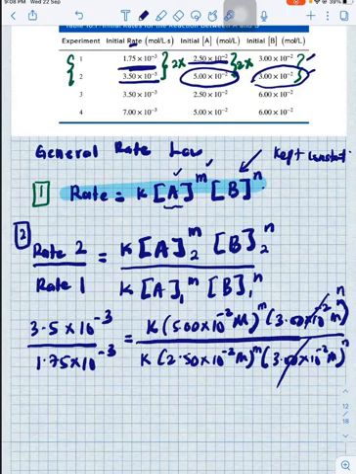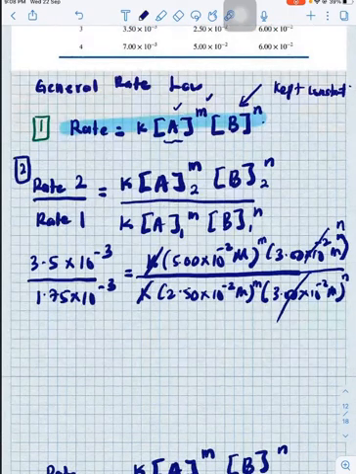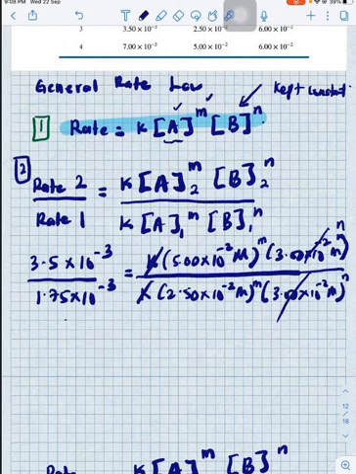Okay. So yang ni kita boleh cancel, K pun kita boleh cancel. So yang tak cancel tu kita kena bagi. Okay. 3.5 bahagi 1.75 ni dapat berapa? 2. Dapat 2. Okay. And then 5 darab 10 kuasa negatif 2 bahagi dengan 2.5 darab 10 kuasa negatif 2, dapat berapa? 2 juga. Dapat 2 tapi remember kita ada kuasa M tu.